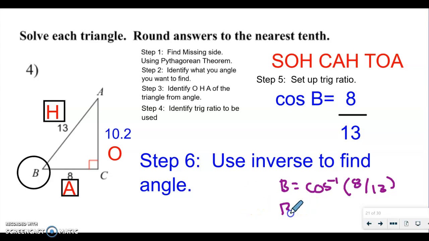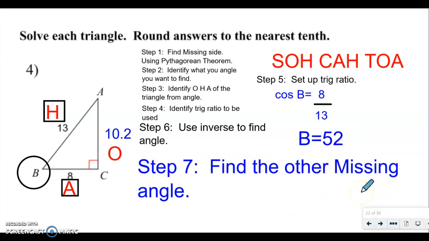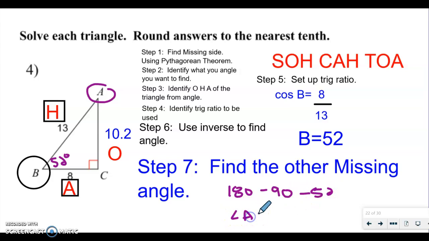And I get angle B in my calculator to be 52 degrees. So once we know that, now we can just find out that this is 52. We're going to find out what angle A is by doing 180 minus 90 minus 52. And we get angle A to be 38 degrees.